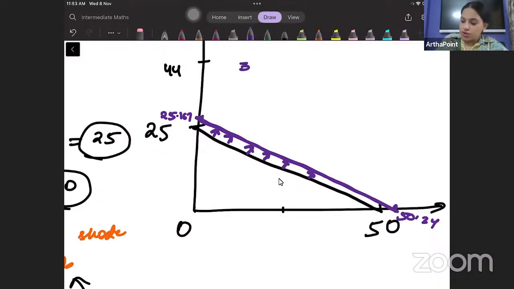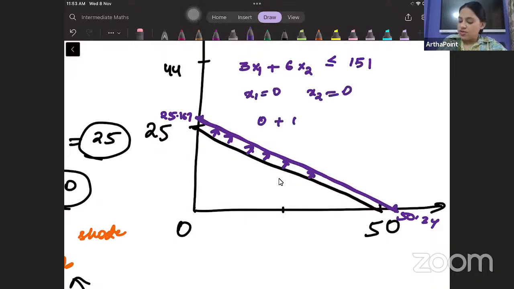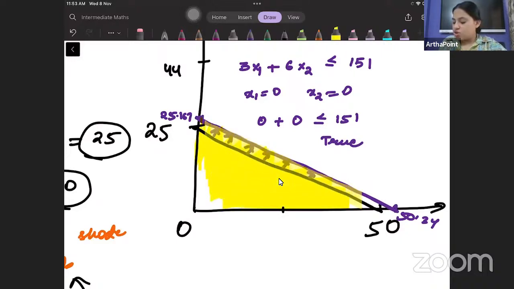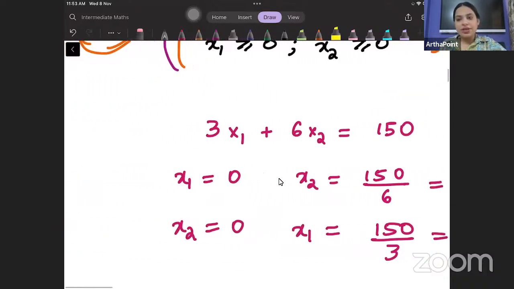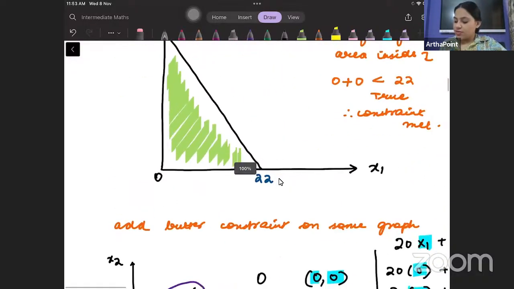Now look at the equation. My equation is 3x1 plus 6x2 less than equal to 151. So beta, I will put again x1 as 0, x2 as 0, and I will get 0 plus 0 less than equal to 151. So this is true now. When you see that this is true, you will shade towards the origin. So from this line you will shade towards the origin, with respect to the new purple line. ये बात clear हुई?